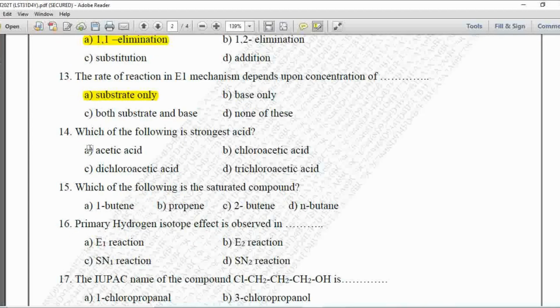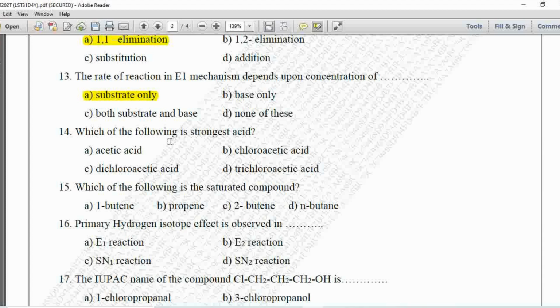Next MCQ 14. Which of the following is the strongest acid? Option A is acetic acid, B is chloroacetic acid, C is dichloroacetic acid, and D is trichloroacetic acid. This question we have also discussed in the summer examination paper 2018, where the strongest acid was asked, but other acid examples were given, and chloroacetic acid was present.